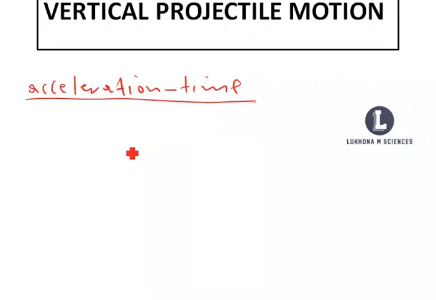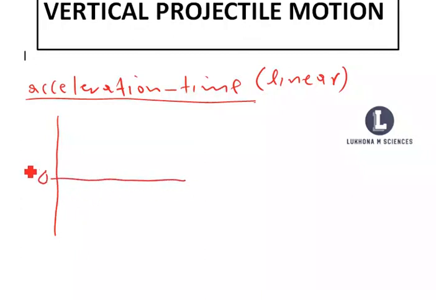That is the acceleration time graph, acceleration versus time. Remember we said this one is also linear. So we have acceleration on the y, in meters per square second.